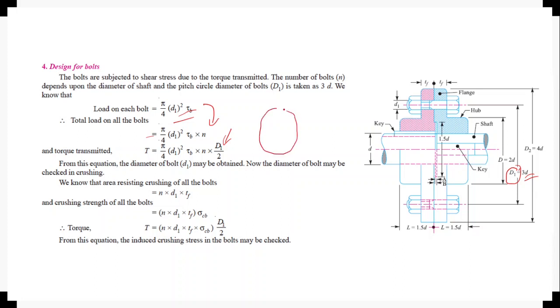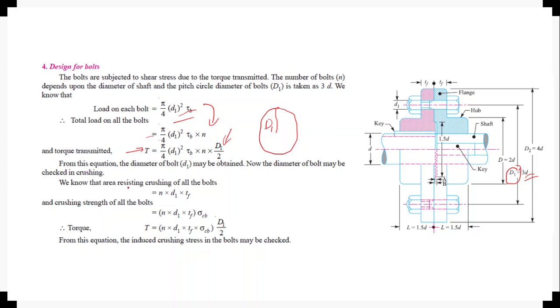Then torque transmitted is equal to force into perpendicular distance, pi by 4 d1 square into tau b into n into d1 by 2. That will become the external torque. We can equate that torque T is equal to pi by 4 d1 square tau b into n into d1 by 2. Then from this equation we can find out d1, the diameter of the bolt.